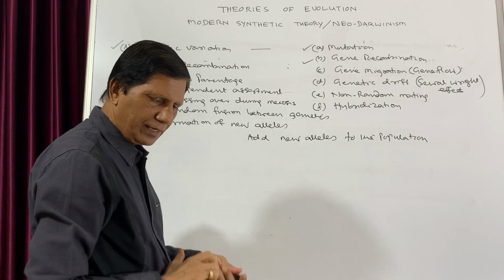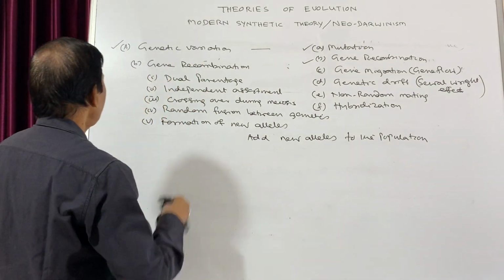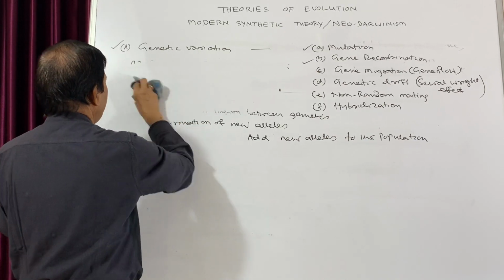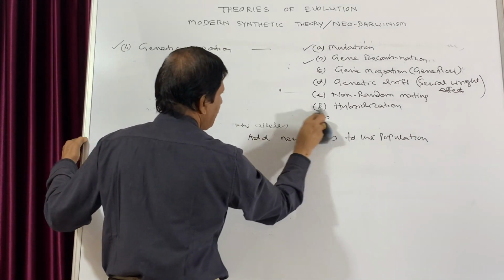Now come to the third point. The third point is gene migration, or we can call it also gene flow.